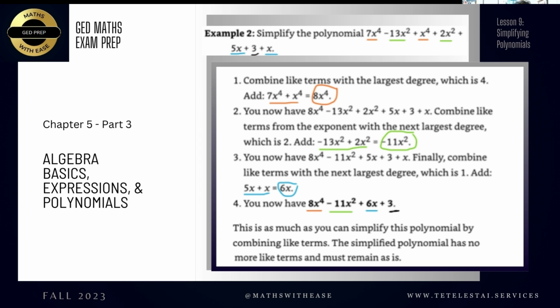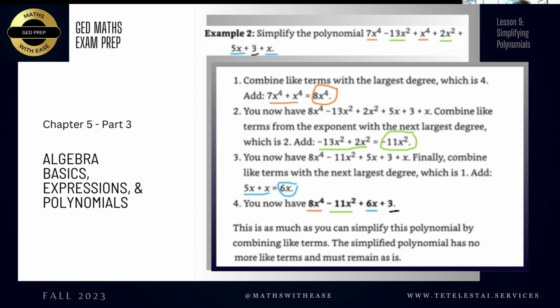Since the variables and their corresponding powers are similar, you can just ignore those and treat this as a regular addition. We assume there's a 1 in front of the variable when there's nothing written next to it. So 7 plus 1 is 8.